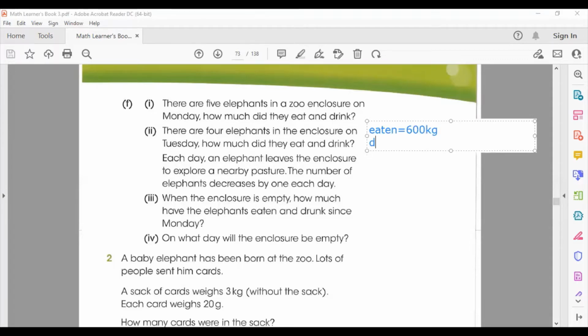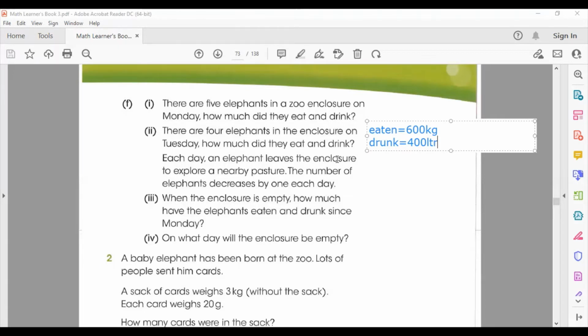And drunk, about water, 4 multiplied by 100, it's coming 400 liters. So 400 liters drunk and 600 kg eaten on Tuesday.